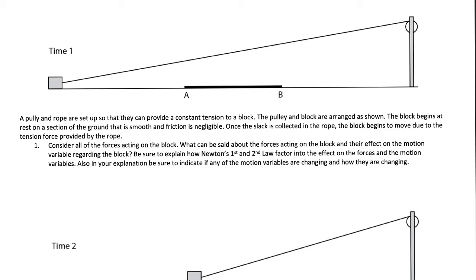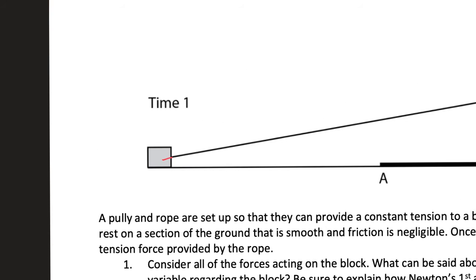Here good? All right. Before we answer all the questions, do you realize that the pulley is applying a constant tension on the box? So if we consider the forces acting on the box from where it is right now, there's clearly going to be a tension force in this direction. There's going to be weight in this direction.